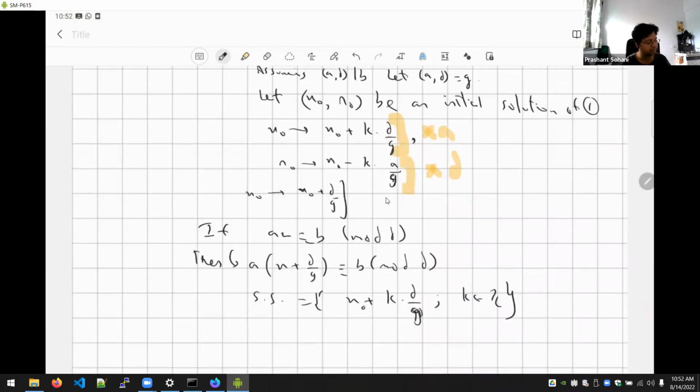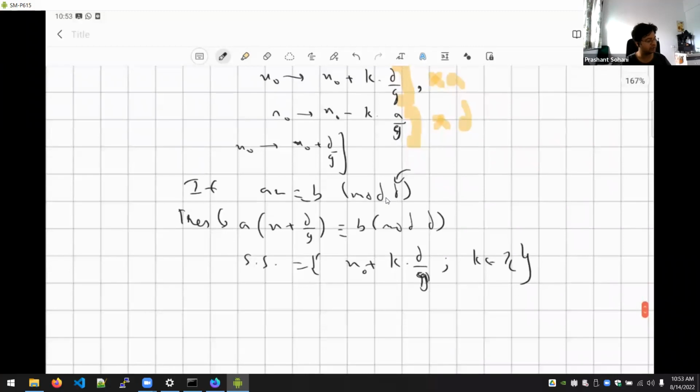But at some point, because the original equation is modulo d, this will be periodic, right? So if you keep taking d upon g size steps, how many such steps can you take before you will basically be cycling over the same set of remainders?